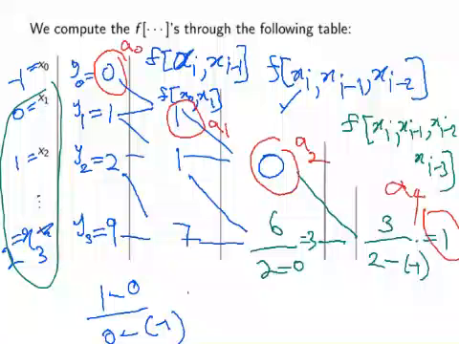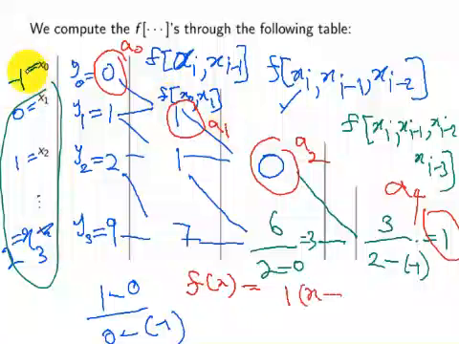Let's write out the Newton's divided difference polynomial. a naught would be 0, a1 is 1, so 1 times x minus x naught.